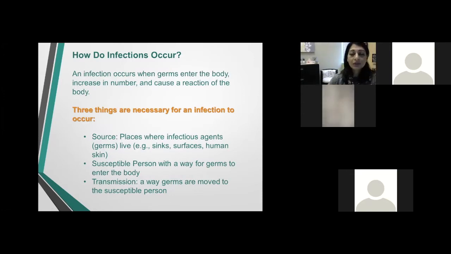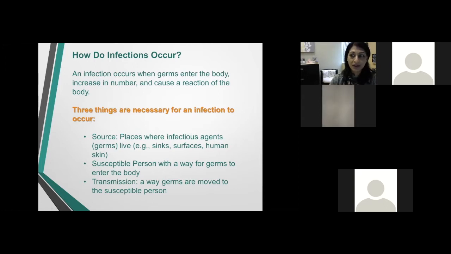So we really need to understand how infections can occur. An infection occurs when germs of any type enter our body, and it's foreign to us, and so it increases the number of reactions that our body can have. There are usually three things that are necessary for an infectious process to occur.